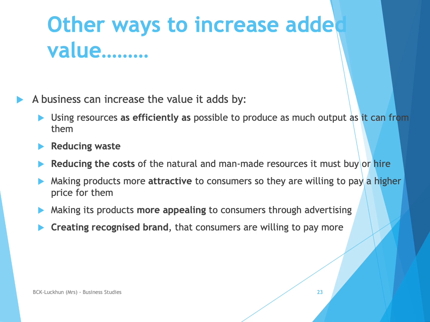Fourthly, by making products more attractive to consumers so they are willing to pay a higher price for them. Fifthly, by making the product more appealing to consumers through advertising. And lastly, by creating a recognized brand that consumers are willing to pay more for.